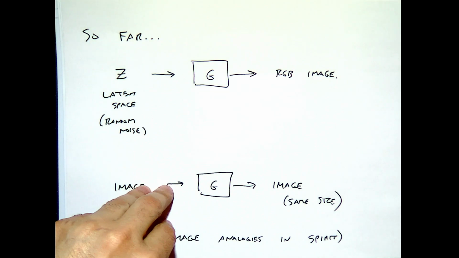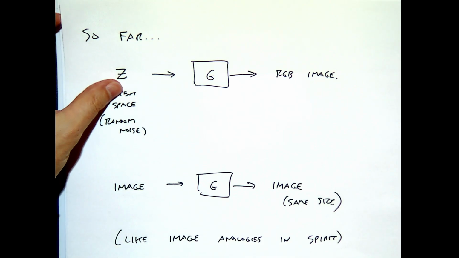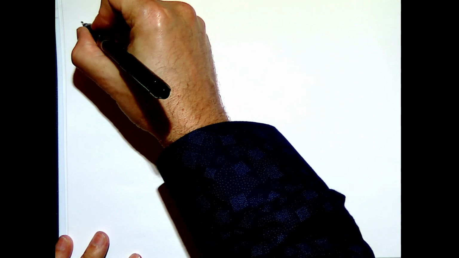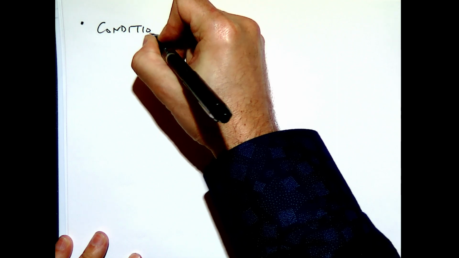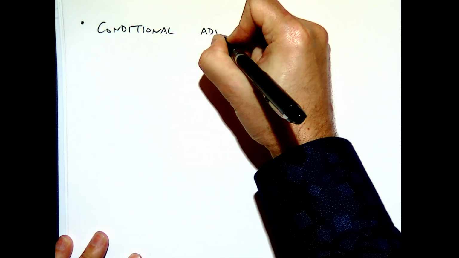Okay, so I really want to talk about 3 major innovations in this image-to-image space. And so the first one would be what I would call conditional adversarial networks.